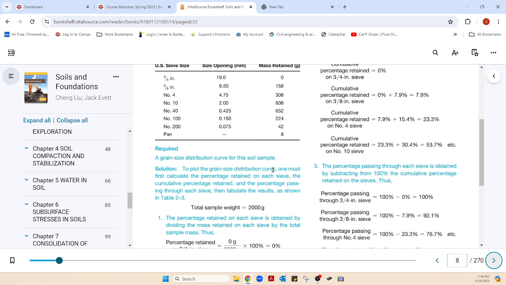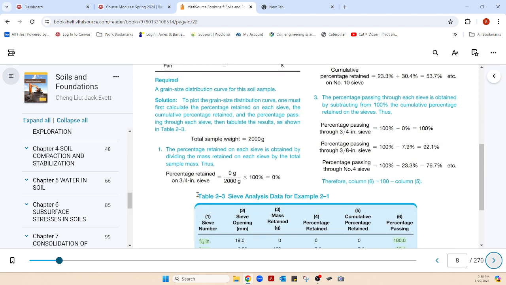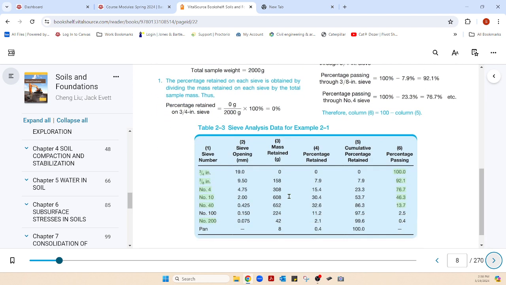To plot the grain size distribution curve, you must first calculate the percent retained, and we'll get to that, on each sieve, the cumulative percentage retained, and the percentage passing through each sieve. Then tabulate the results as shown in table 2.3. And that is this table.